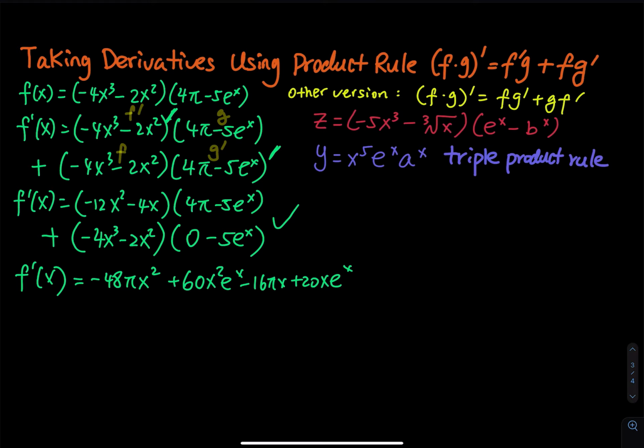So that's the two factors on top, and then we have two more. So this is a negative 4x to the third times a 0. Then this is just like a distribution, right? Negative 5e to the x, and then just distribute this to the negative 4x to the third and the negative 2x squared. So that is positive 20 x to the third e to the x, and then positive 10 x squared e to the x. Do we have anything to combine?